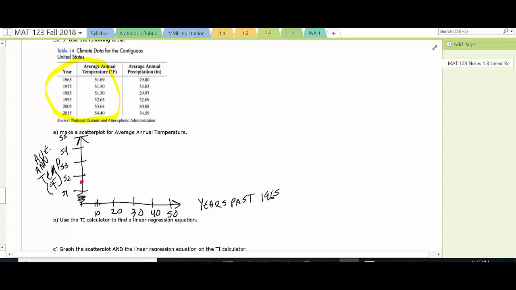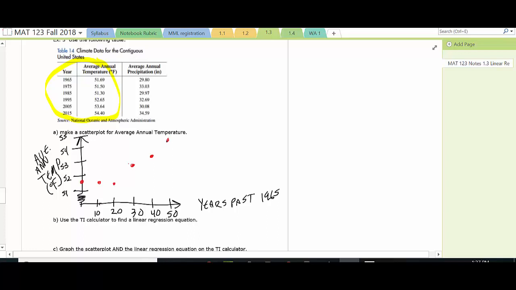The next one is about 51.5, right at the halfway point. And then the next one is 51.3, so it's going down a little bit. Then the next one jumps up to 52.6, I think, and then 53, and then 54.4. I'm just approximating that. Okay, so that's plotting points.